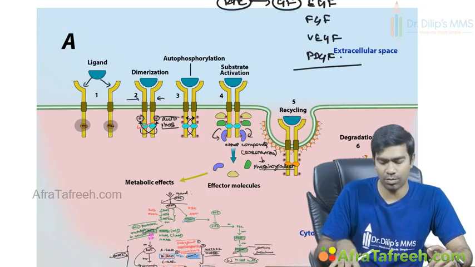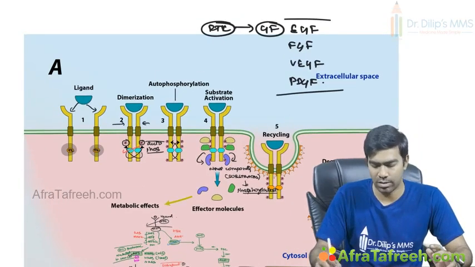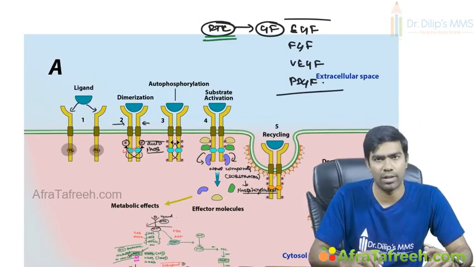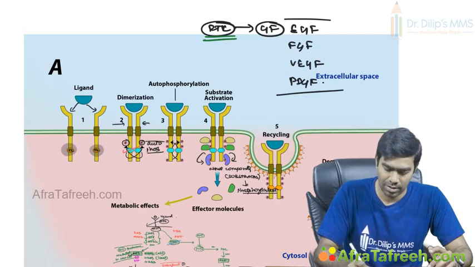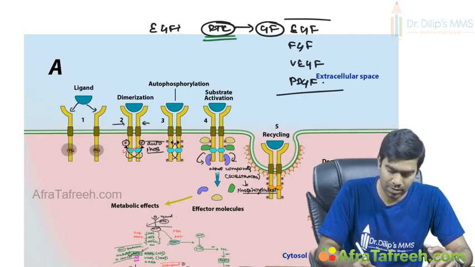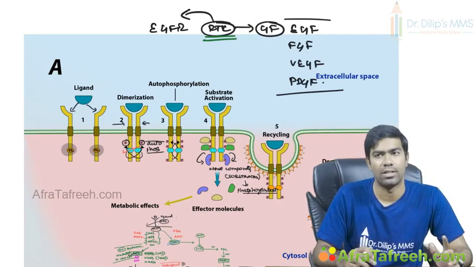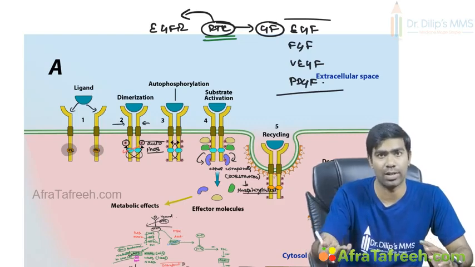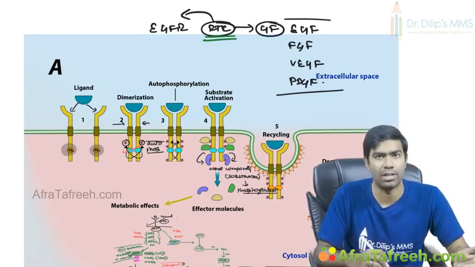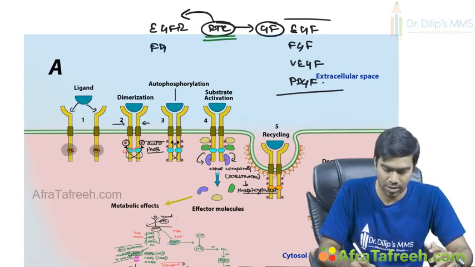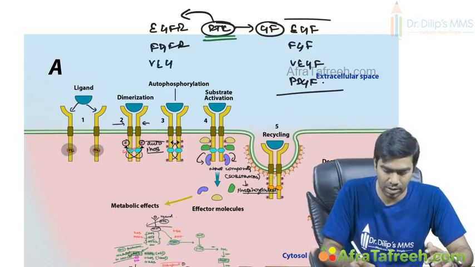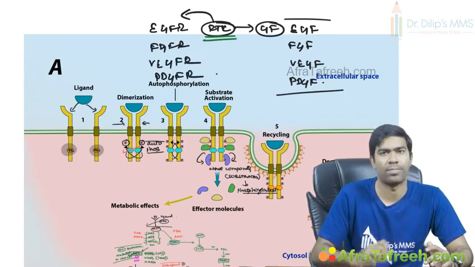So these are some of the growth factors that act, which means the receptors that are responding to these growth factors are called EGFR, that's epidermal growth factor receptor, or FGFR, fibroblast growth factor receptor, then you have vascular endothelial growth factor receptor, then you have PDGF receptor.